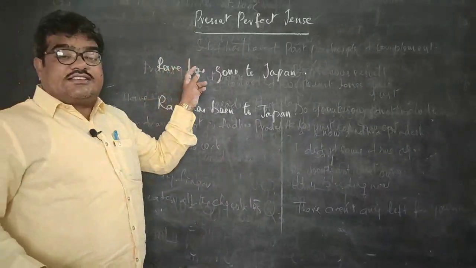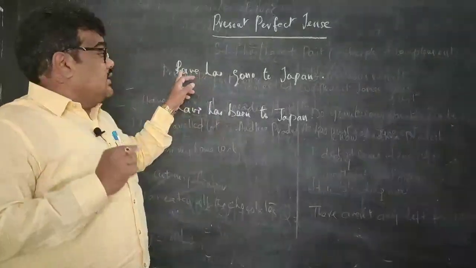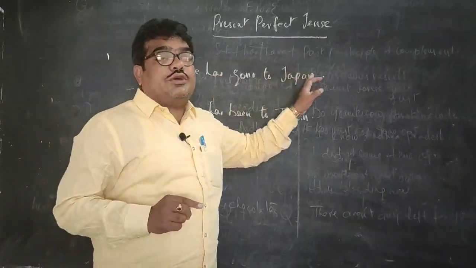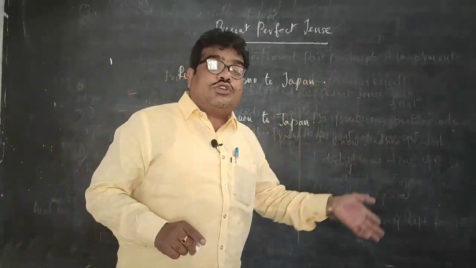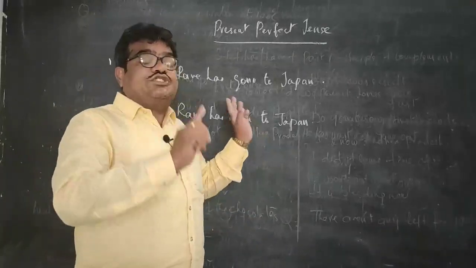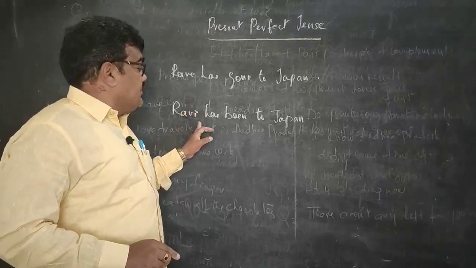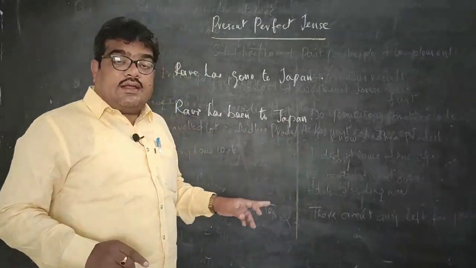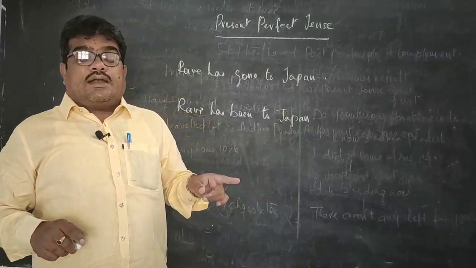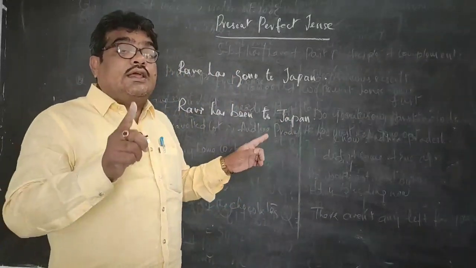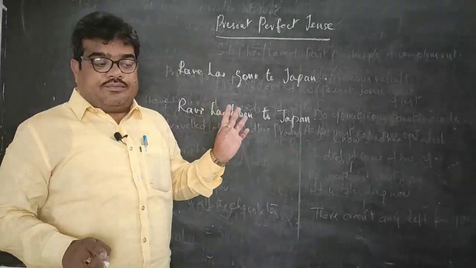When you see the first sentence, Ravi has gone to Japan, it means he may be on the way to Japan or he is in Japan. Whereas if you take the second sentence, Ravi has been to Japan, he has already visited Japan and presently he knows about Japan. He has returned from Japan.